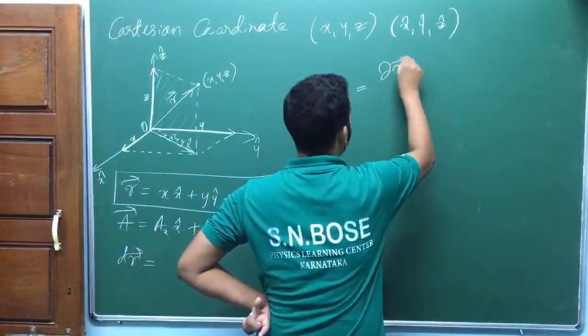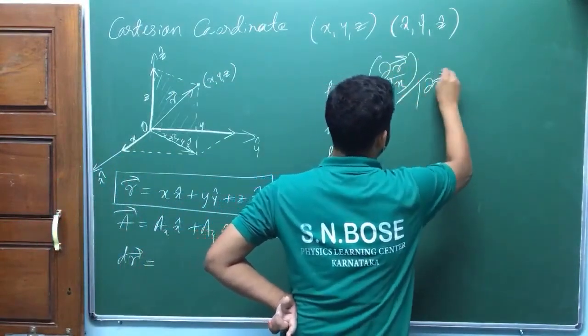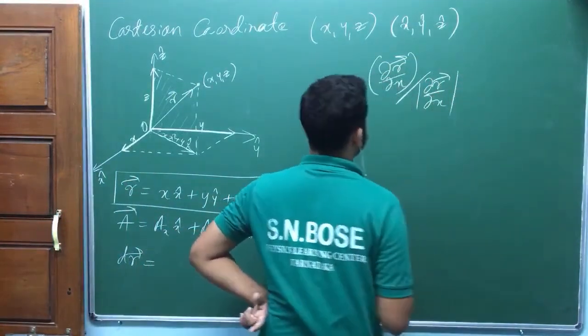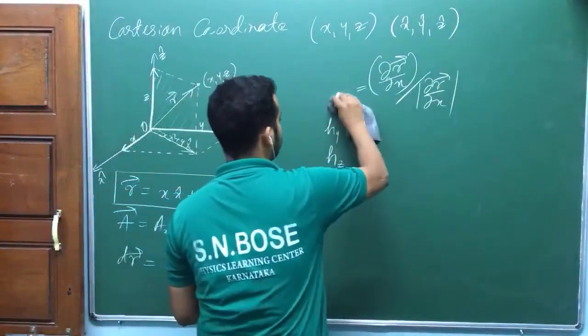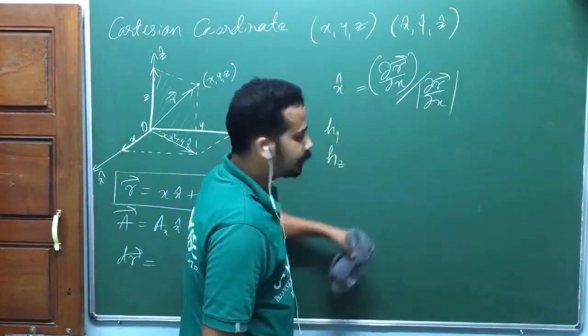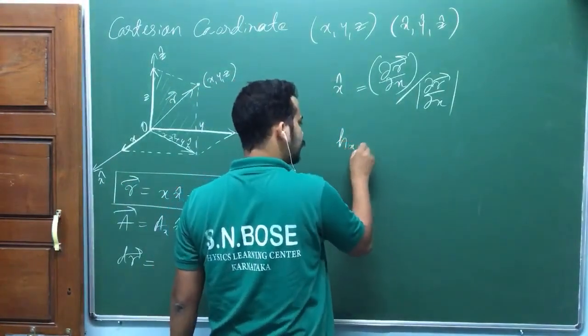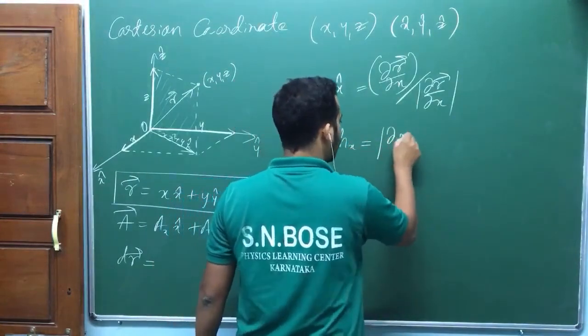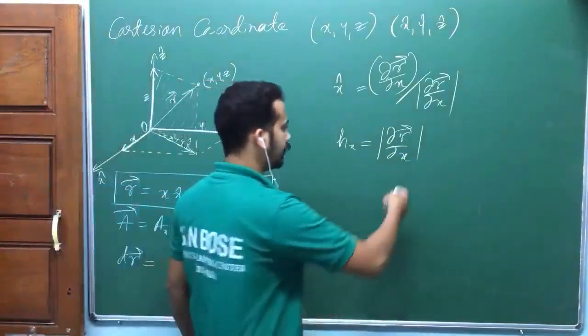This is dou r by dou x divided by mod of dou r by dou x. That is the x cap vector, am I right? Wait a second. x cap is defined like this. How did we define h1 or hx here? That's equal to mod of dou r by dou x. Check this out. Similarly, hy and hz.